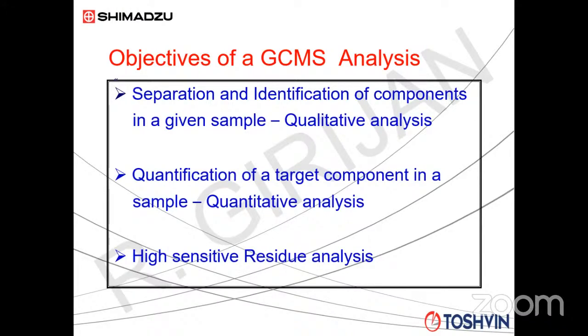Some of the clinical applications too: the targets are present in extremely low concentrations, and your system should be capable enough to separate, identify, and quantify them. So that is sensitive residue analysis. That is objective number 3.